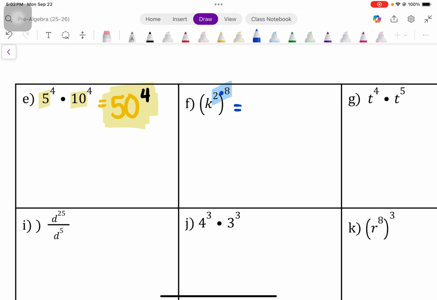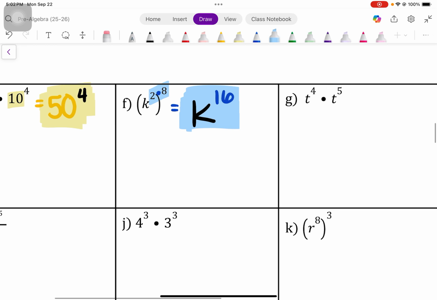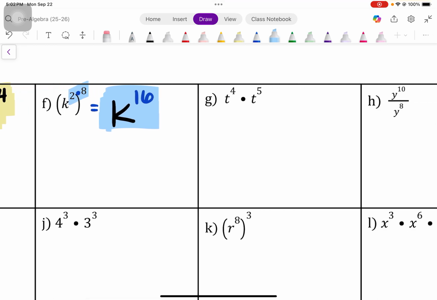So that equals k, keep the base, to the 16th, because 2 times 8 is 16. Letter G, we have same base but different exponents, so we're going to take our exponents and add them. So we get t to the 9th. And when in doubt, you would expand that out. Notice that you have 9 t's all being multiplied together.